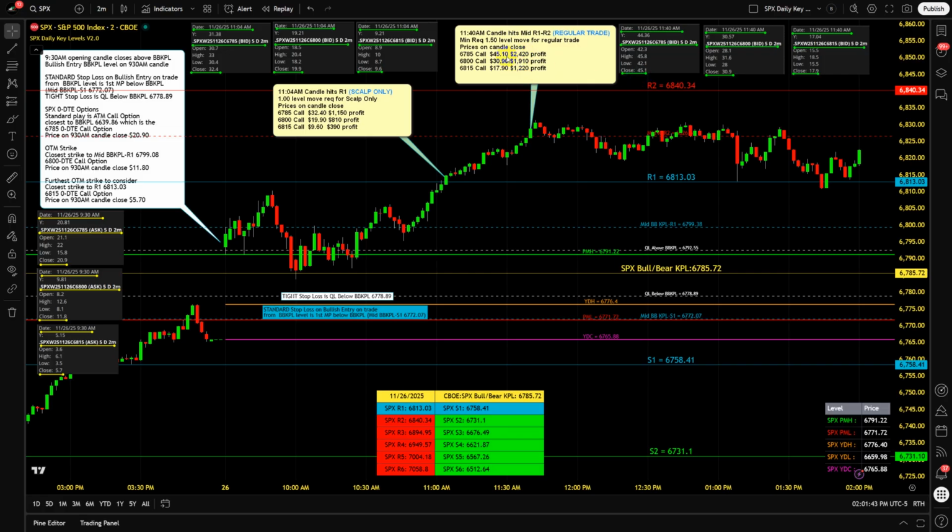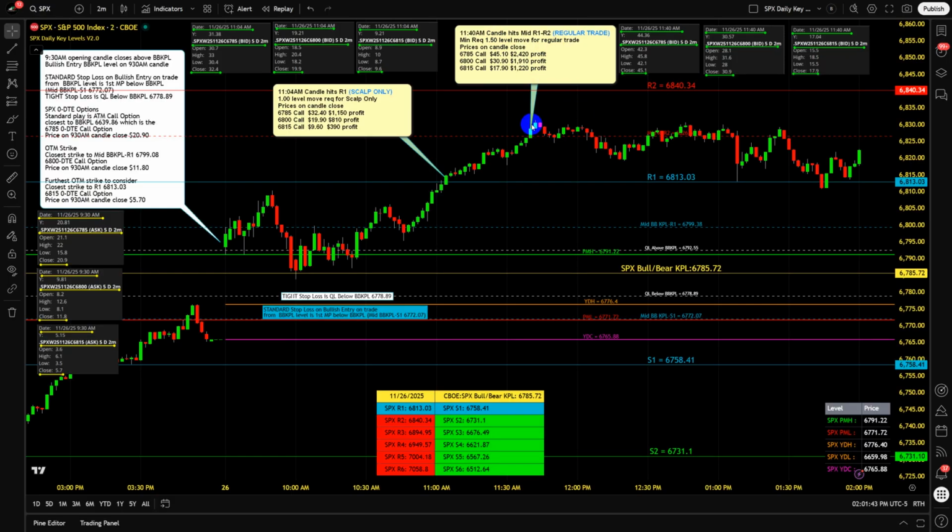That's a $2,420 profit per option. For the 6800, the bid on the close of this candle, $30.90. That's $1,910 profit per option. And the 6815 for the center of the money, $17.90 bid on the candle close, $1,220 profit per option.